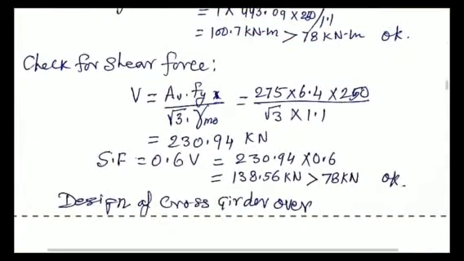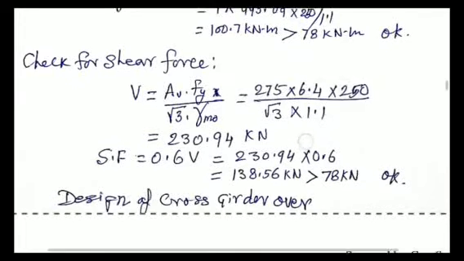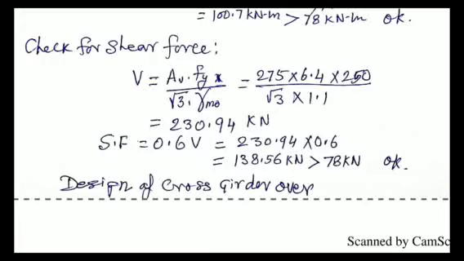Now check for shear force. V is the shear force, suppose. So 0.6 times V should be more than the coming shear force. So what is V here? Calculate V equal to AV into Fy divided by root 3 gamma mo. This is the shear force coming on the cross girder.